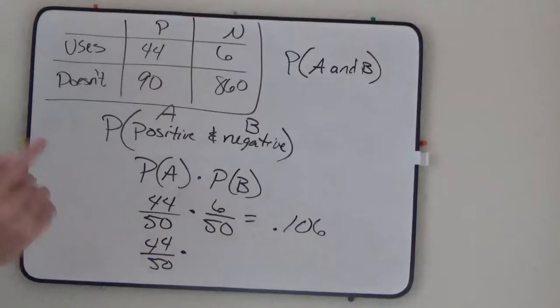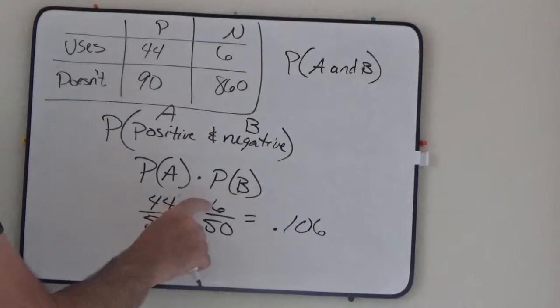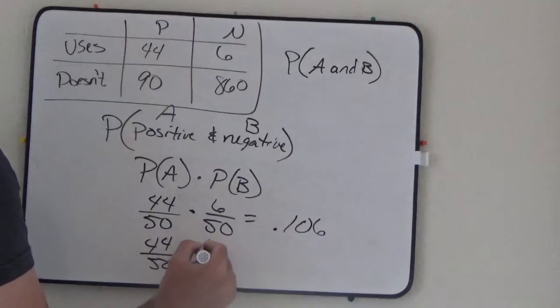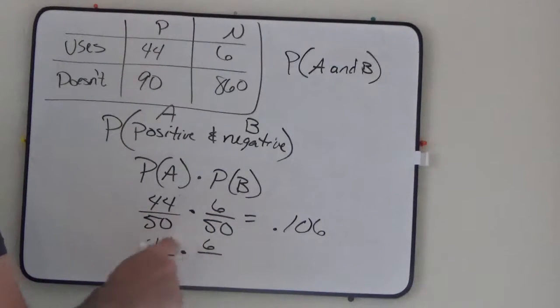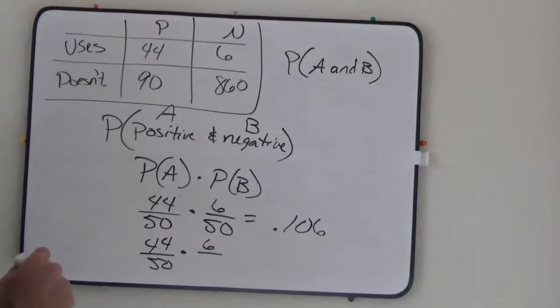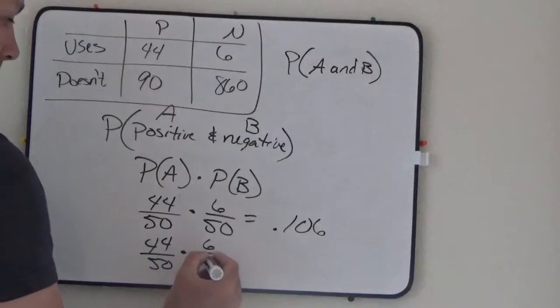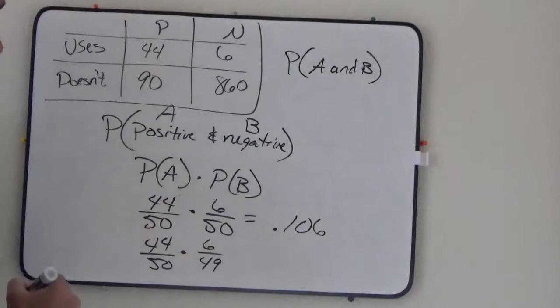However, because we don't replace that result, it doesn't affect the negative, because we are looking for positive, so there are still 6 negatives. However, there are no longer 50 options for the second one because one of those options was taken out, so there are only 49 now possible to choose the negative from.